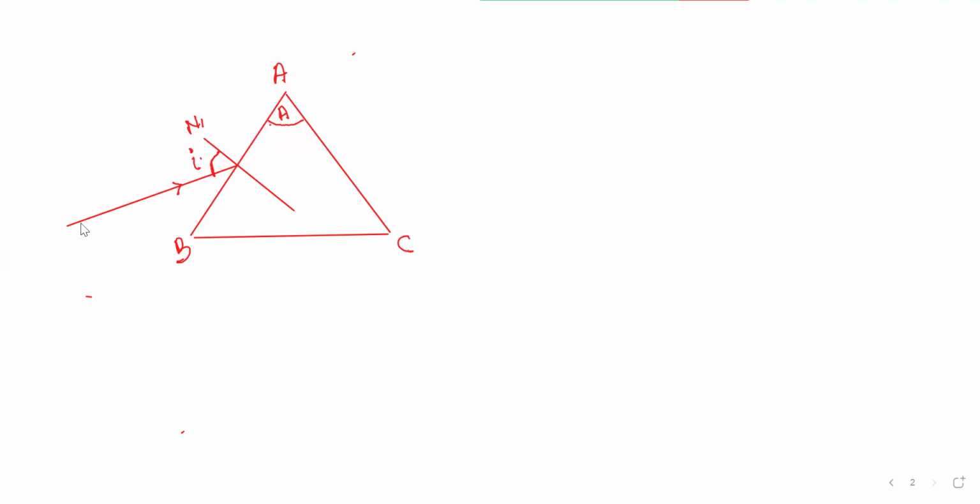Of course, we all know that the refracted ray would bend towards the normal. So this is the refracted ray within the prism. When the ray is coming out of the prism, it will go through another bending.